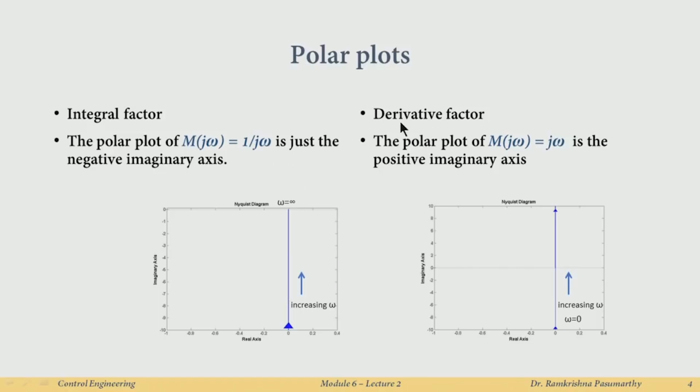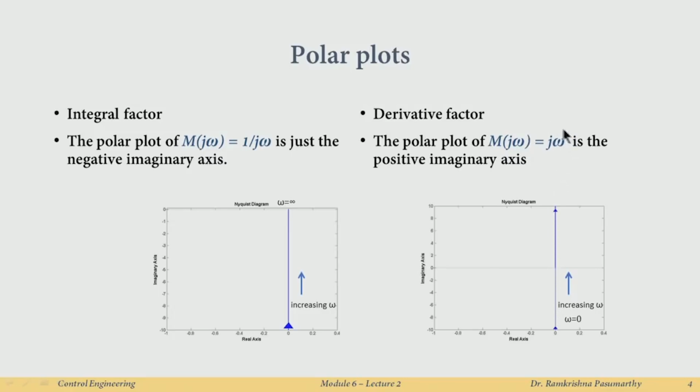Similarly, I take the derivative factor, which is just s as the transfer function. The sinusoidal transfer function becomes just j omega, and this is just the positive imaginary axis, as you would see. When omega is 0, the magnitude is 0, and it keeps on increasing as omega goes to infinity.